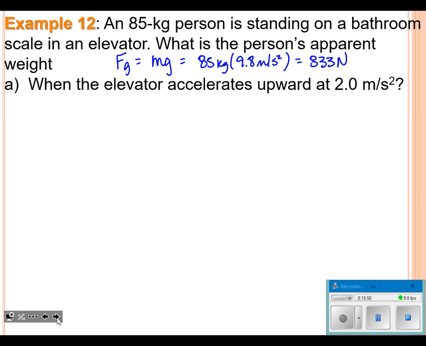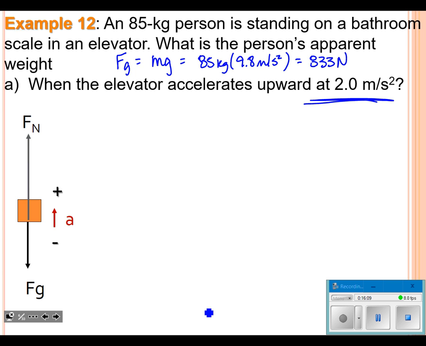Now, if an elevator is accelerating upwards, then they have to overcome 9.8 meters per second squared acceleration, plus they have to go an additional 2. So if we wanted to find their apparent weight, remember their apparent weight is going to be equal to their normal force that they're going to feel, because it's always in opposition to the downward force.